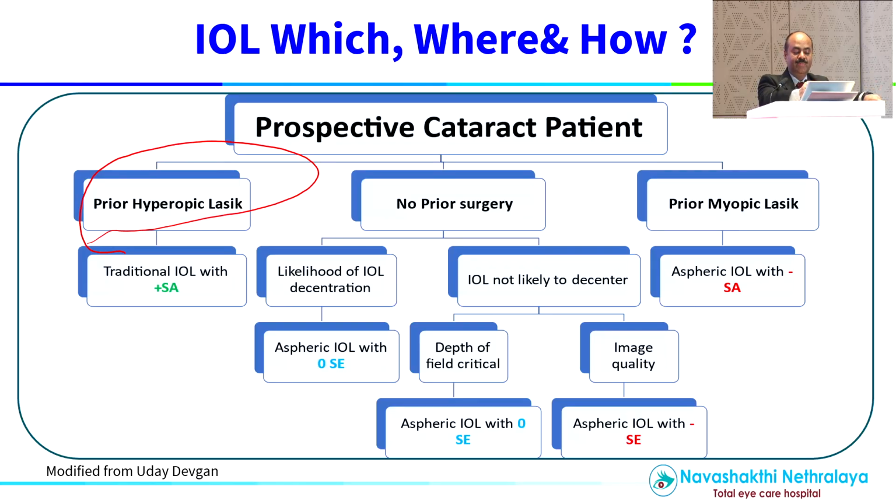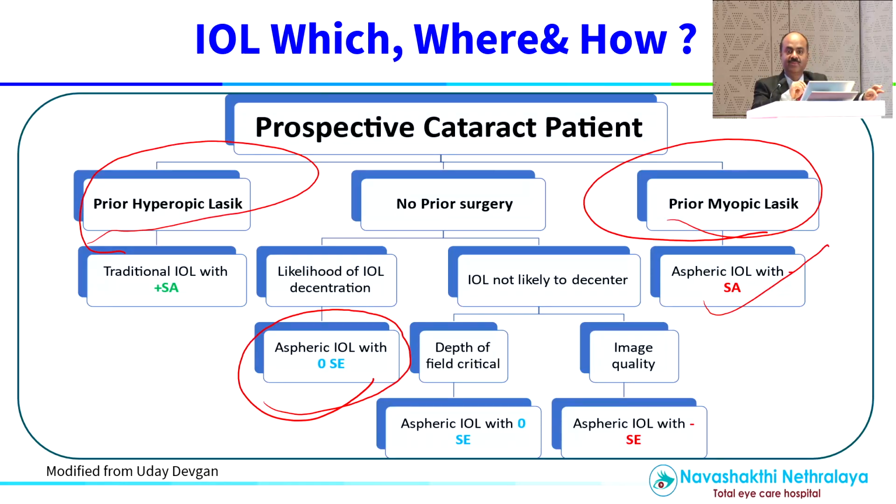Now, if it is a myopic LASIK, just like how one of my previous speakers, I think Dr. Venkatraman, was talking about, you can use a spherical aberration lens. In case of no prior surgery, look at IOL decentration, whether there's a chance of IOL decentration, such as pseudoexfoliation or some other thing, then prefer a spherical aberration of 0.